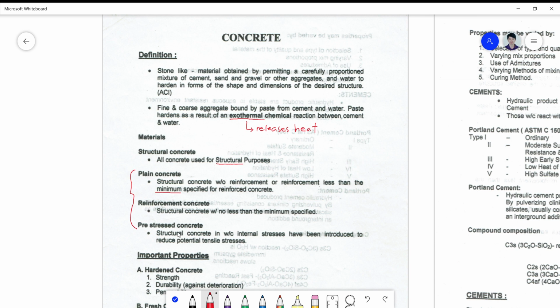And the third one is the pre-stressed concrete, when the structural concrete involves the introduction of an internal stress in order to reduce potential tensile stresses. So our focus on our subject is more on this. This is actually your subject CEP 363.